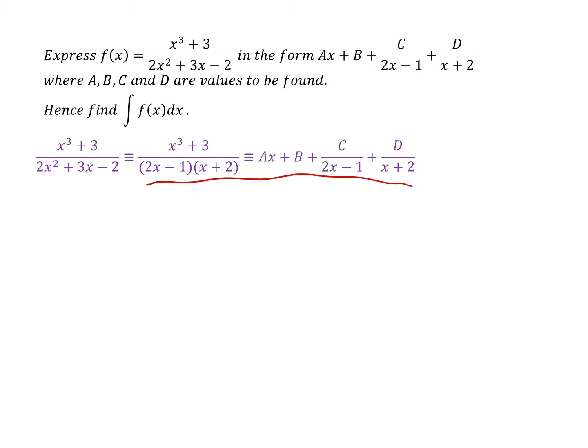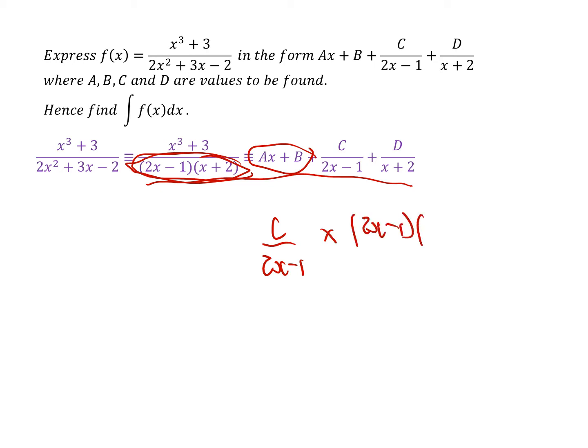So now I've got this identity, I'm going to multiply everything by that denominator there. And when I do that, all of ax plus b is going to be multiplied by that denominator. But when I take c over 2x minus 1 and multiply it by 2x minus 1 times x plus 2, then the 2x minus 1's cancel, and I'm going to be left with c times x plus 2.